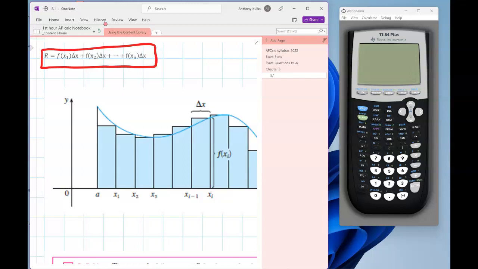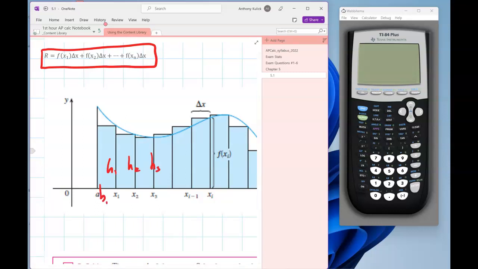And since the rectangles are all equal widths, the delta x is constant. The heights are going to be changing, but they're just going to be based on the right-hand interval of our rectangles. So this is like h1, h2, h3 for the heights.